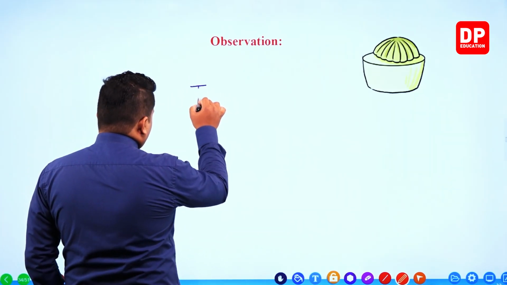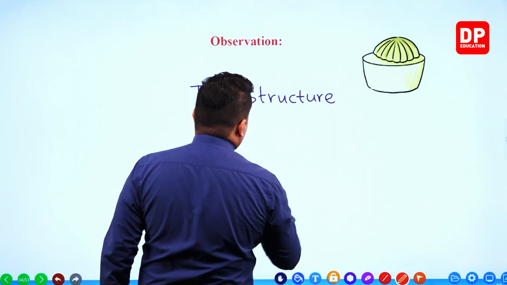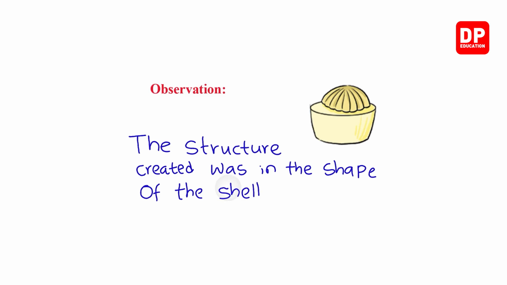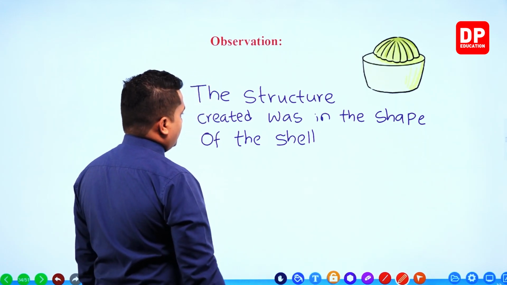Right? So our observation was quite simple. A structure similar to the shell could be observed. So we can write the observation: the structure created was in the shape of the shell which was used.